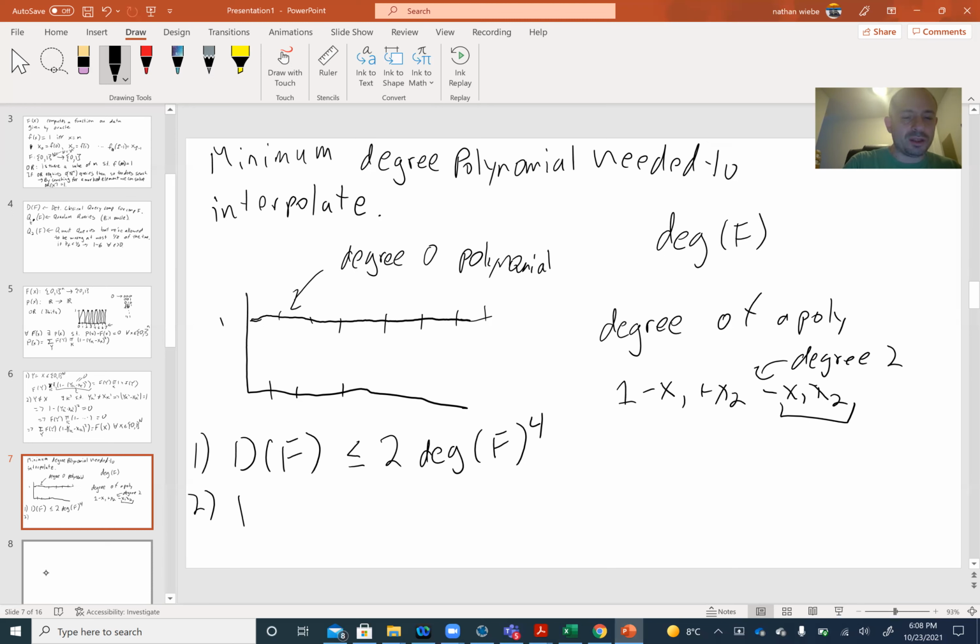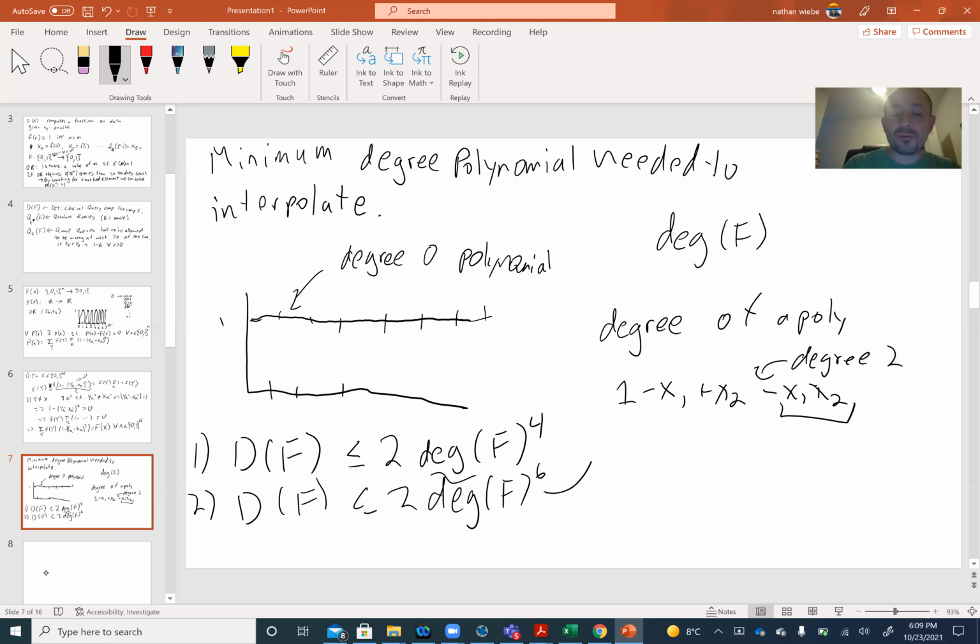And actually, we can compute an approximate version of this: D(f) is also upper bounded by twice the approximate degree of the function to the 6th power.